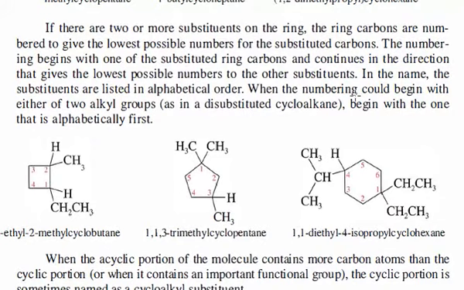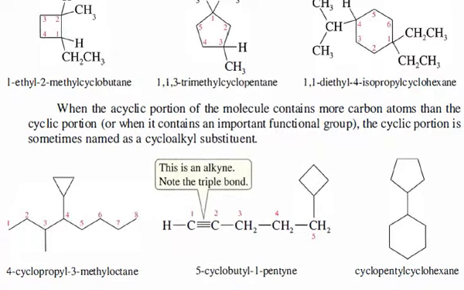cyclohexane. When the acyclic portion of the molecule contains more carbon atoms than the cyclic portion, or when it contains an important functional group, the cyclic portion is sometimes named as a cycloalkyl substituent. For example, on the left hand side, as you see here, we have this long chain, 1, 2, 3 all the way to 8.